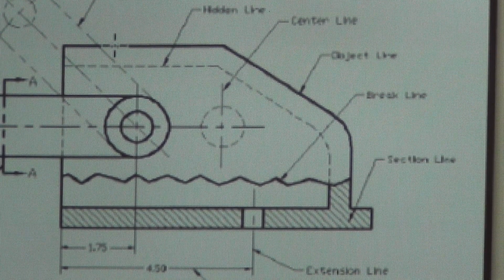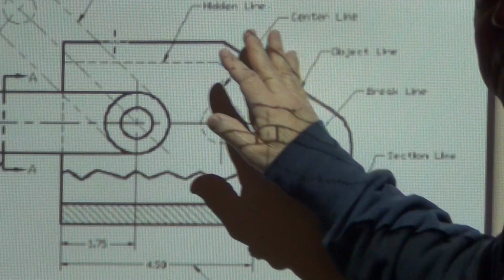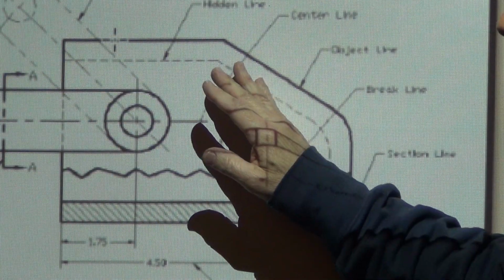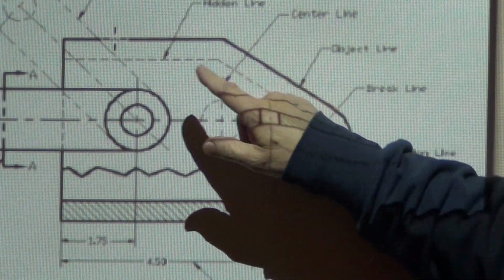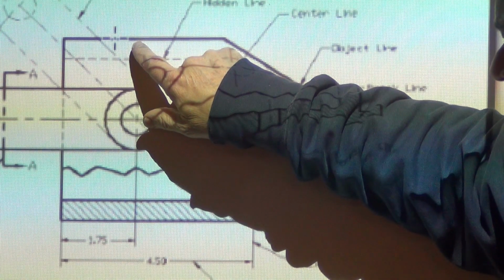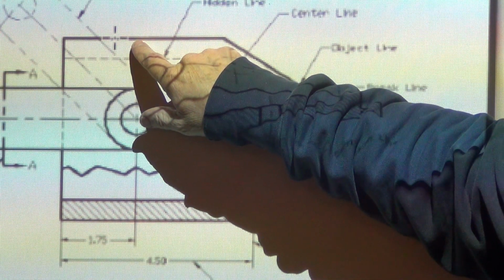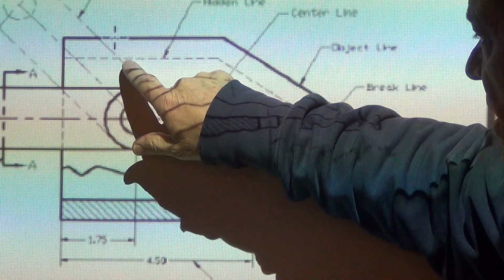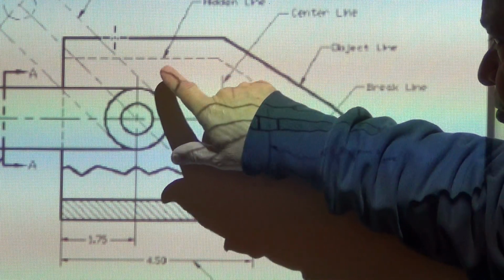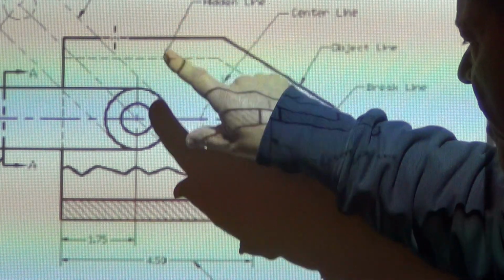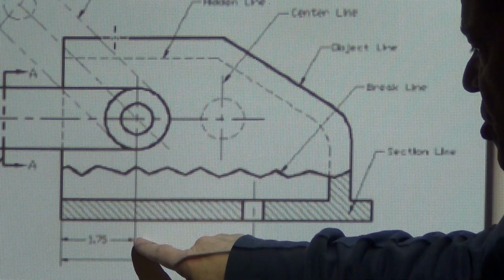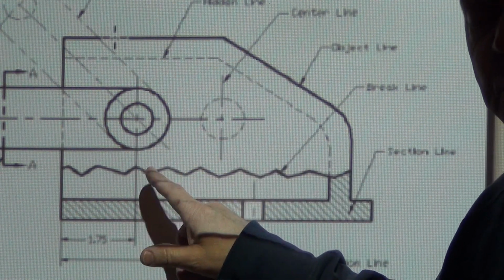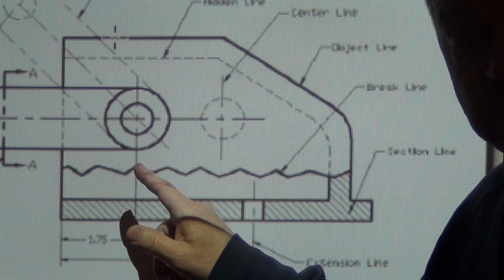Anyhow, there's a lot of information going on in this drawing, and the fact that this visible line or object line right here is thicker than the hidden line, also thicker than the center lines and dimension lines and those kinds of things, conveys information, right?